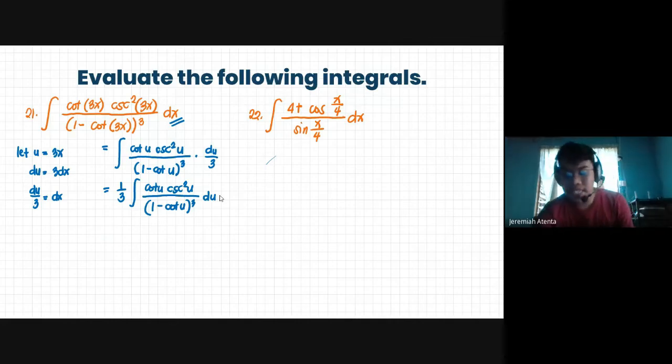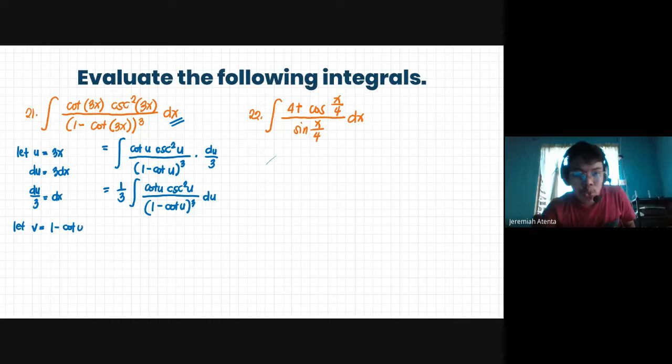Okay? At mas mapapadali yung ating solution. Okay? So, in this case, nagpapahirap kasi sa atin dito ay yung fraction. We want it to be yung simplified form na fraction. So, in this case, I will let v be equal to 1 minus cotangent u.